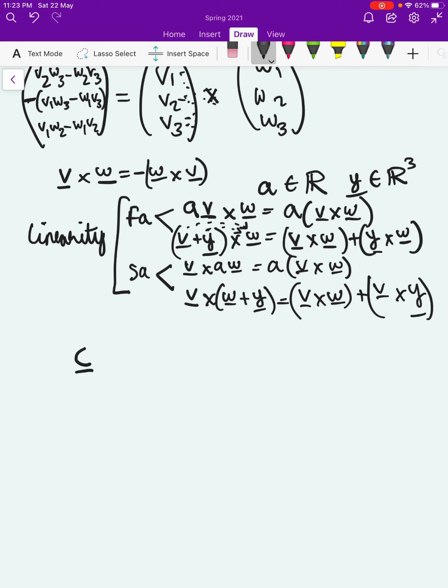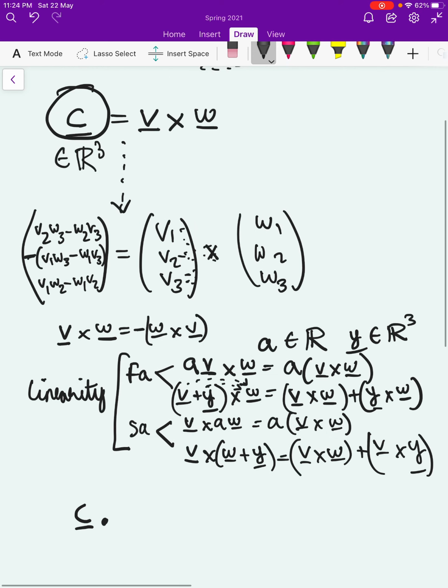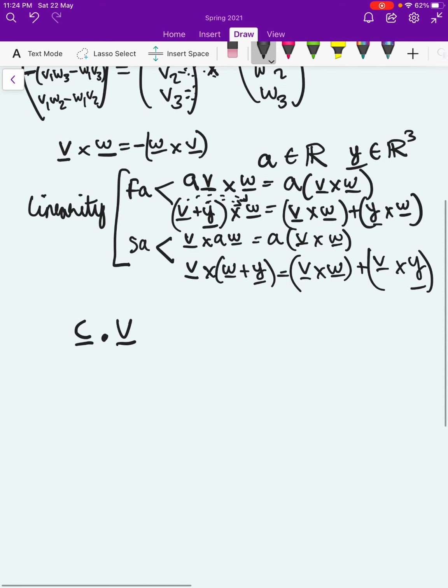As you might be able to recall the dot product, essentially if you have a dot product of 0, then two vectors are orthogonal to each other. So that means that c dot v and c dot w, you can even flip them around since the dot product is indeed symmetric, they're both equal to 0.